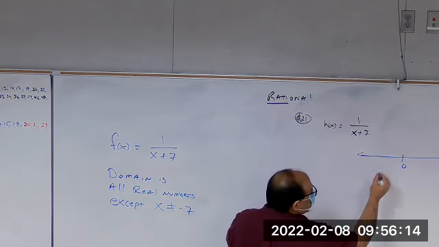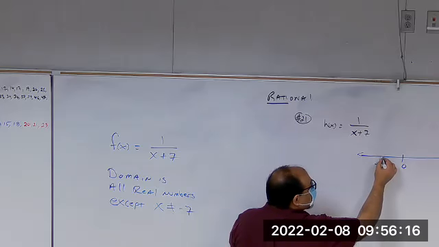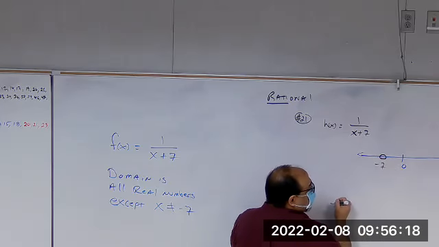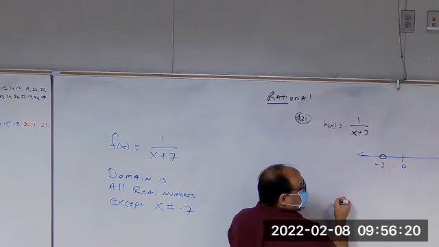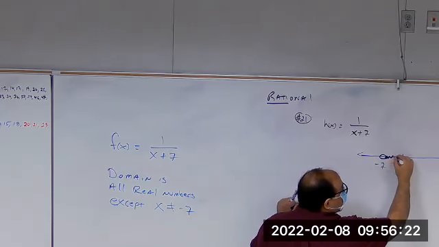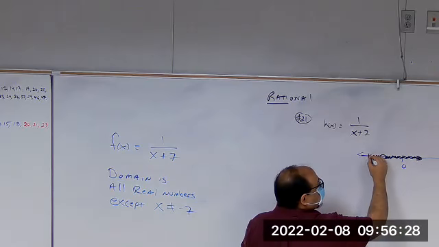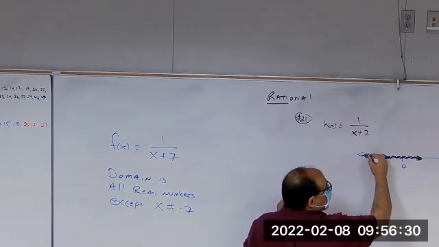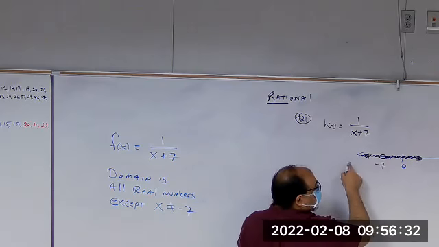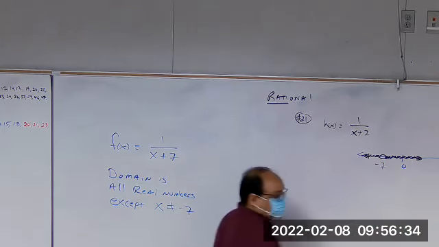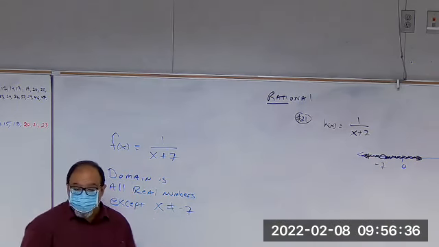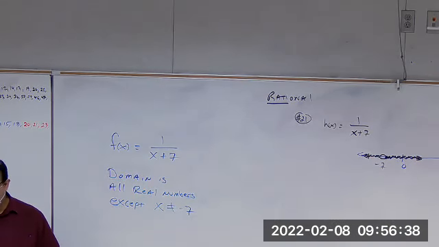Over here at -7, you would put an open circle on the number line because you can't plug it in. But you can plug everything to the right of -7. You can plug all of those in, and you can plug everything to the left of the -7. So you can plug in everything to the left and to the right of the -7. That's what you can plug in. Just you can't use that -7 right there.